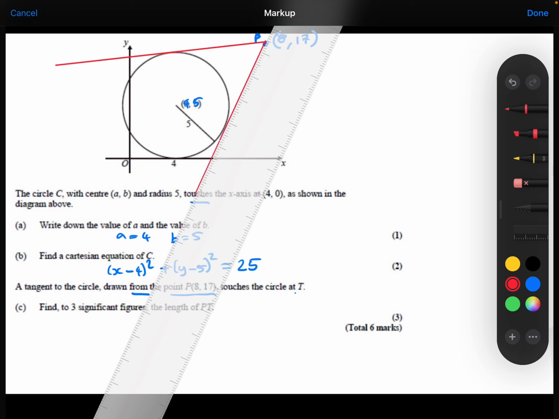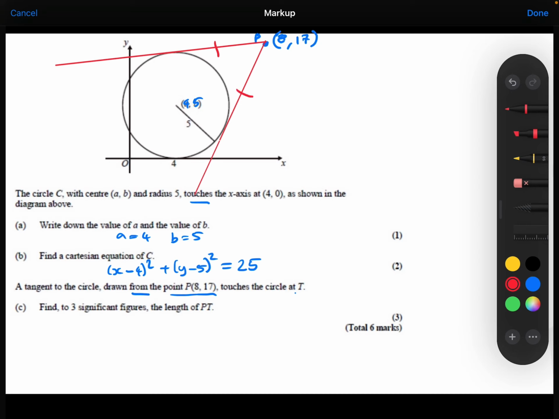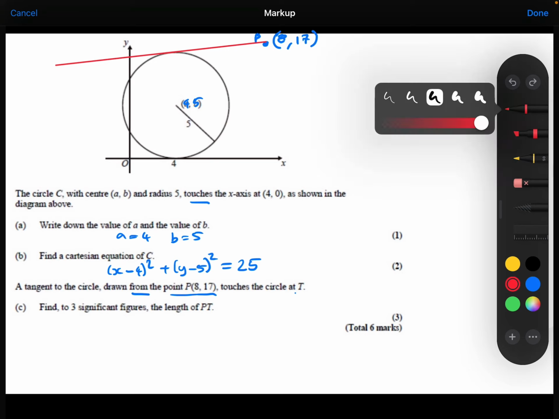It doesn't really matter. We know from circle theorems at GCSE that this length is going to be equal to this length, so it doesn't matter which way round you do it, really. So I'm going to work out the first one. So there's my tangent, and it touches the circle at point T. So this is my point T here.